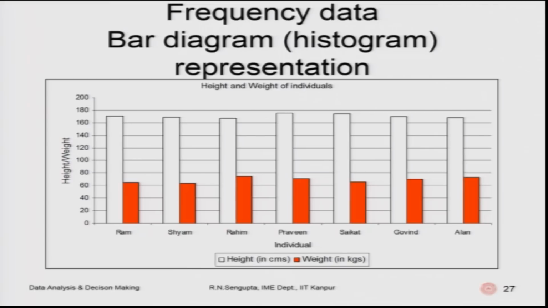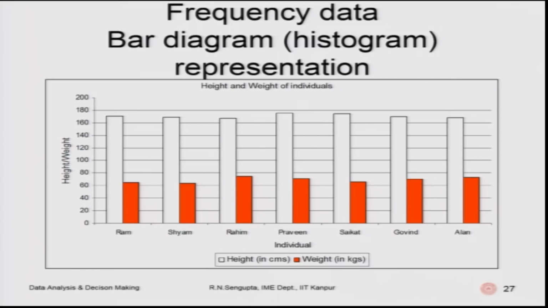For example, Govind is almost the same: about 170 centimeters in height and a weight of about 70. If I consider Saikat, he is almost touching a height of 180, about 178 or 177, and his weight is about 65.